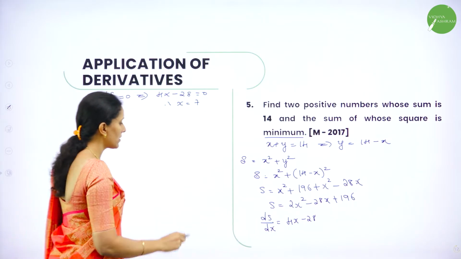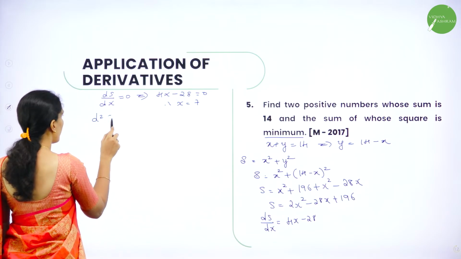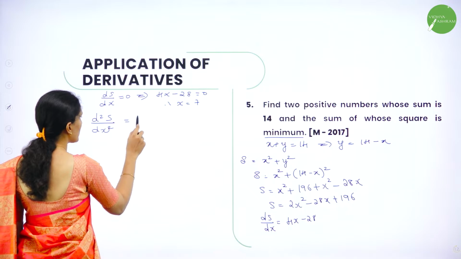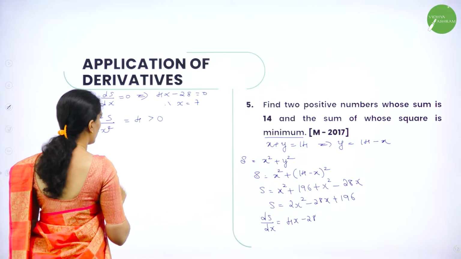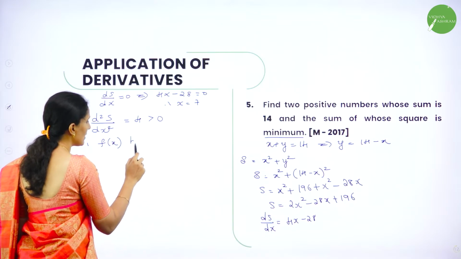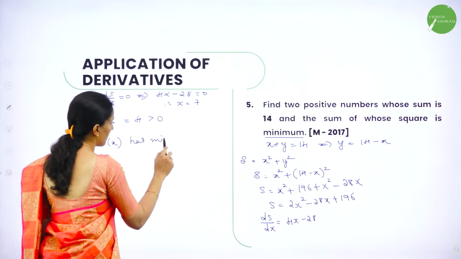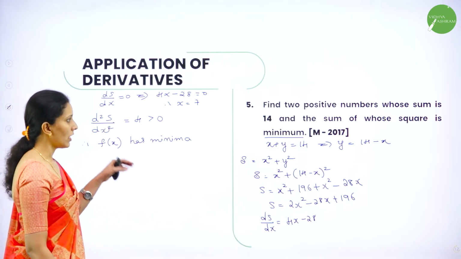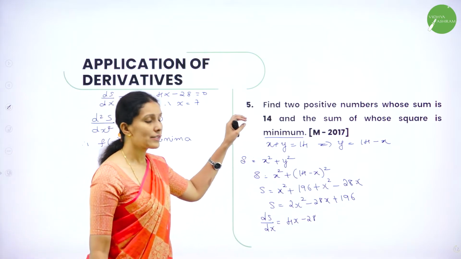Now again differentiate this equation, that is d square S by dx square. When you differentiate it, you will get the value 4, which is greater than 0. So that means f of x has a minimum. So that means the given function is minimum.